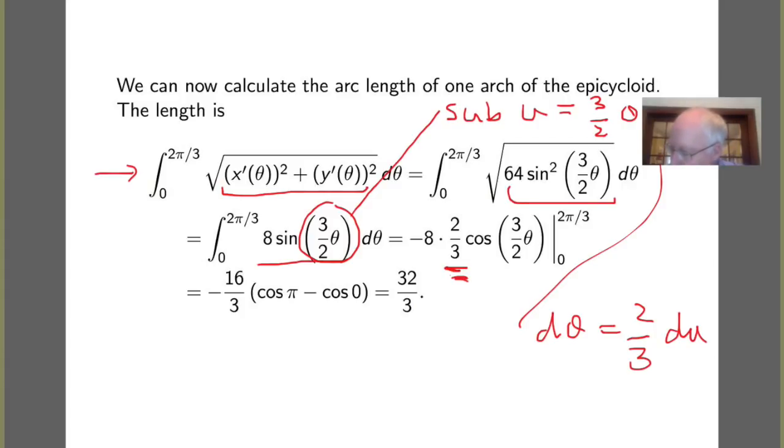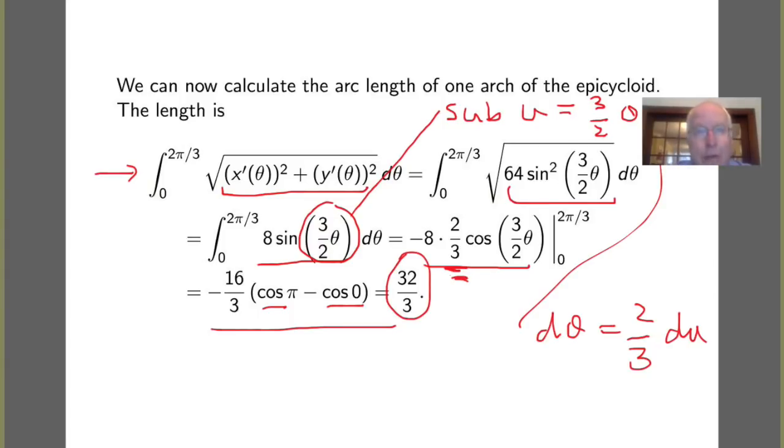So we have our antiderivative. We have to put in the upper and lower limits. At 2 pi over 3, 3 halves of 2 pi over 3 gives us pi, and at the lower limit we have cosine of 0. And you can check easily that all comes out to be 32.